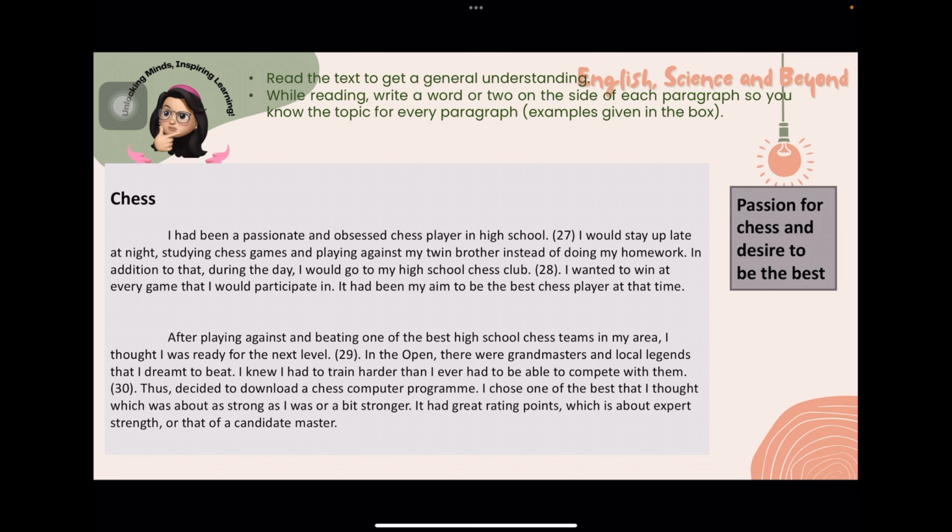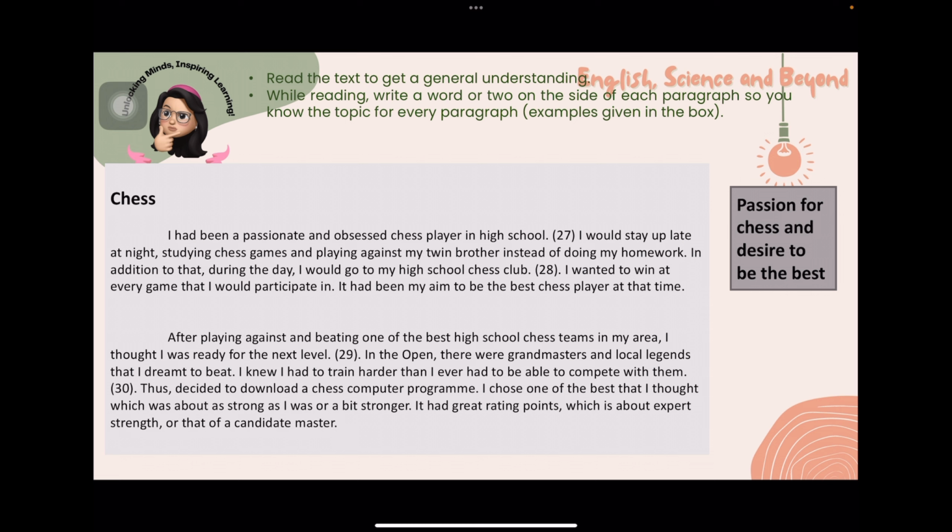After playing against and beating one of the best high school chess teams in my area, I thought I was ready for the next level. Blank. In the open, there were grandmasters and local legends that I dreamed to beat. I knew I had to train harder than I ever had to be able to compete with them.